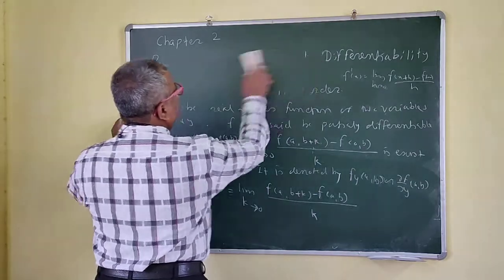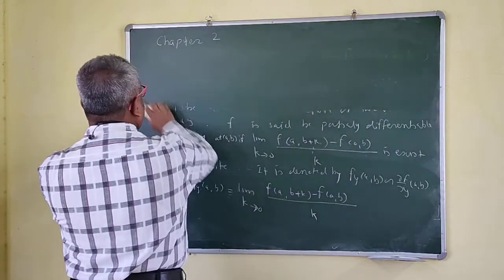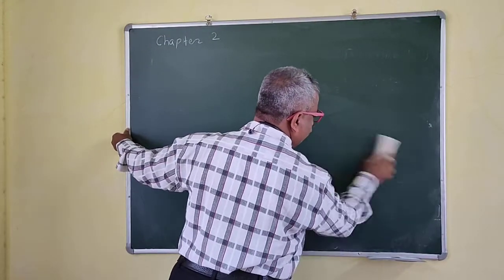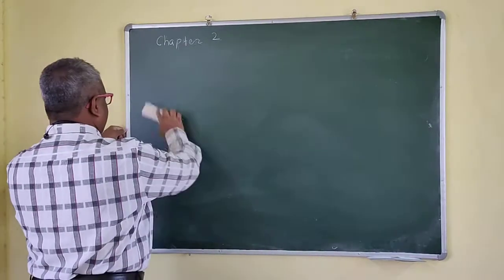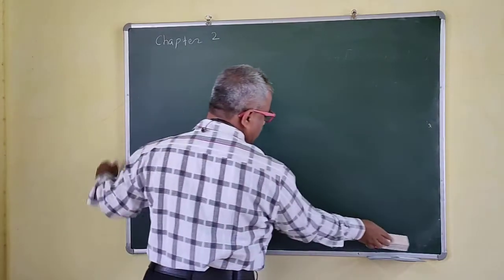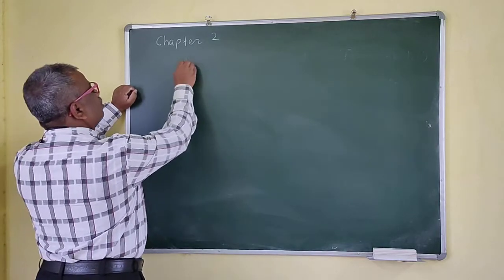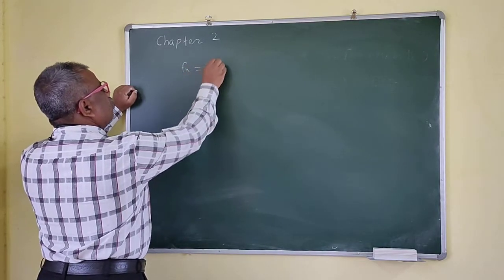Now we write the general partial derivative. The previous one is at a point: if you want to find the partial derivative of the function at a particular point, use that formula. Now we write the general one. This is fx, dou f by dou x.